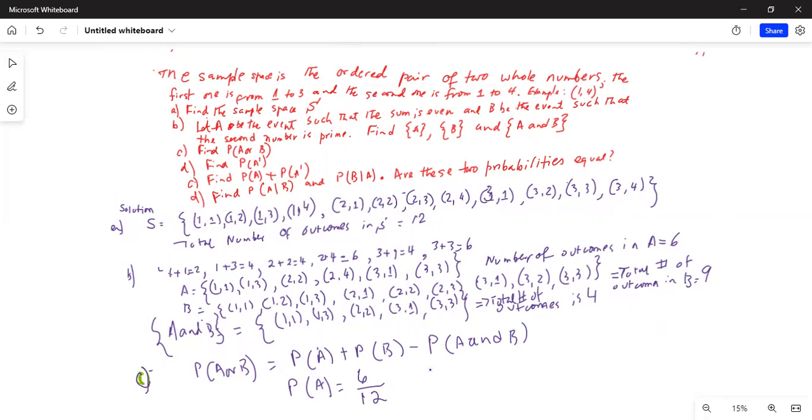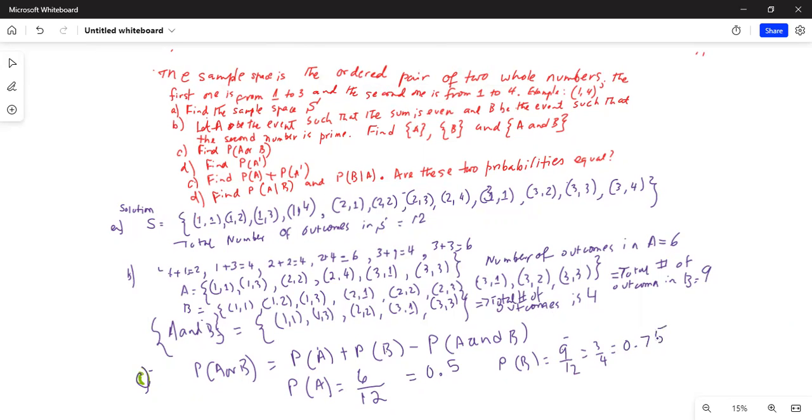That's where the 12 is coming from. So it is 0.5. Similarly, for the probability of B, the number of outcomes in B is 9, out of 12, which is 3 out of 4, or 0.75.